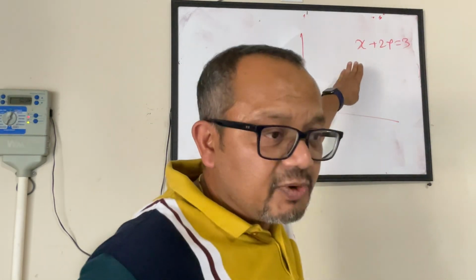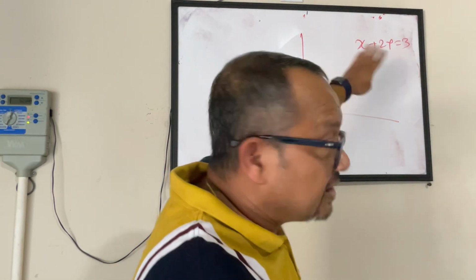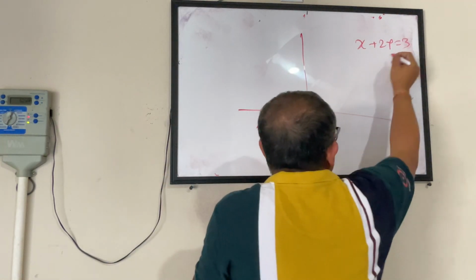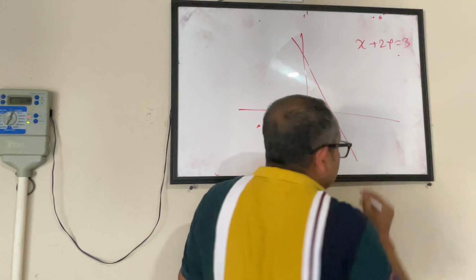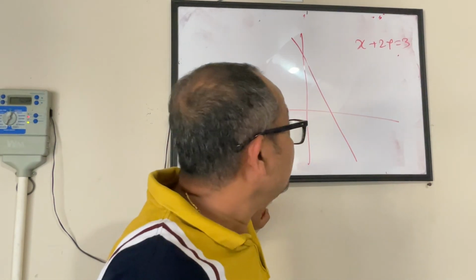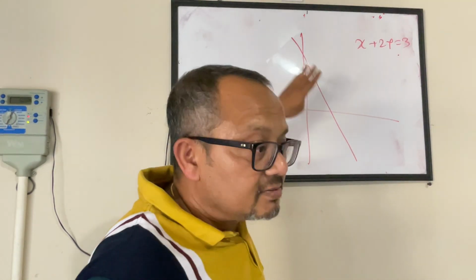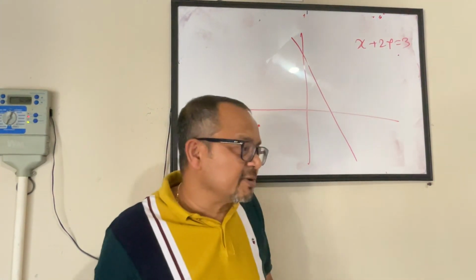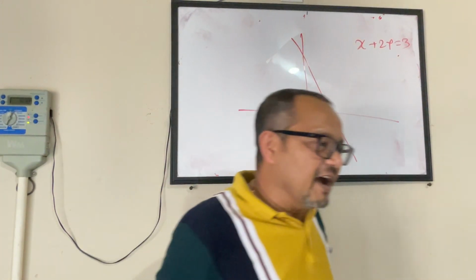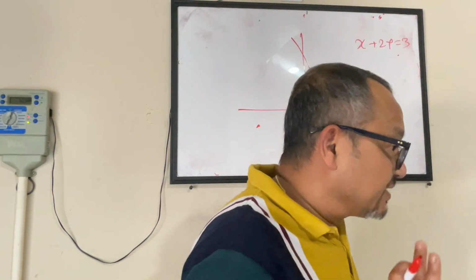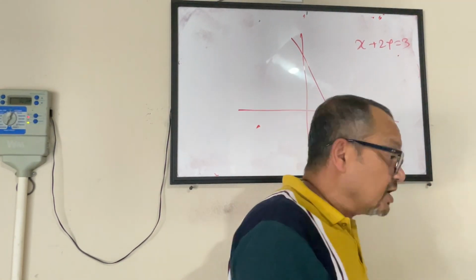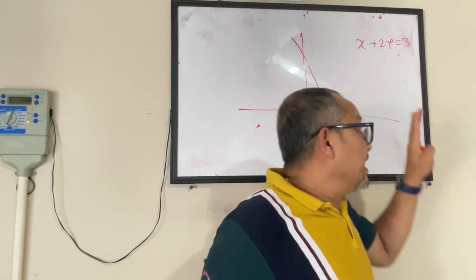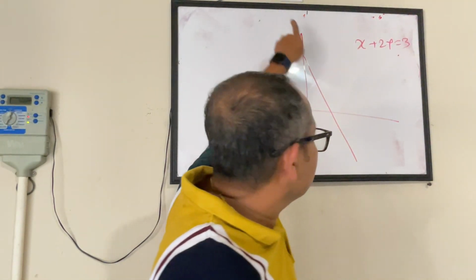I am just making it up, not doing any calculation, just showing you the concept. Focus on the concept, that's why I will keep guiding you back to the concept. This is my equation that draws this line.